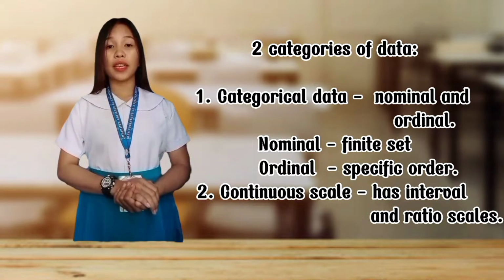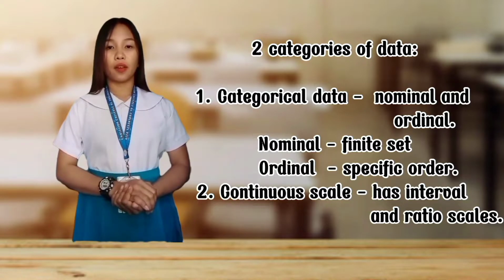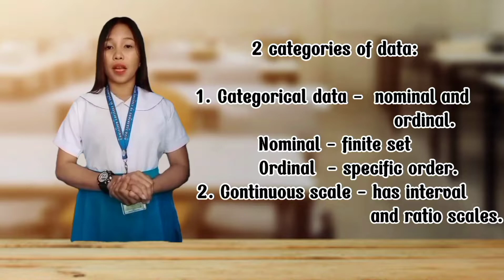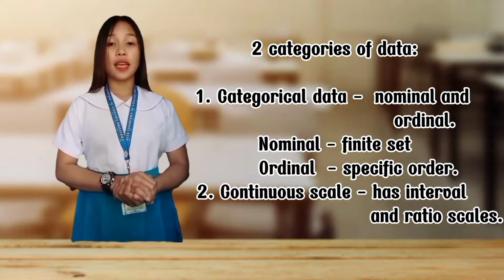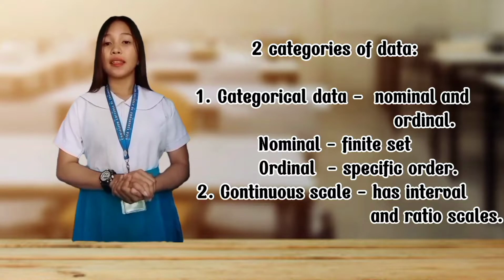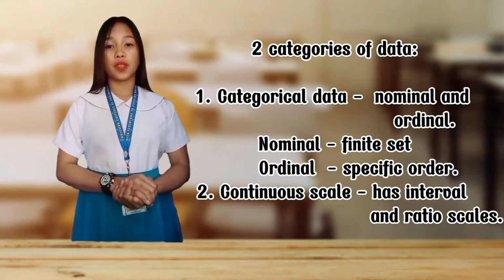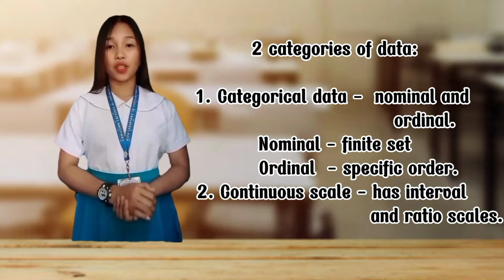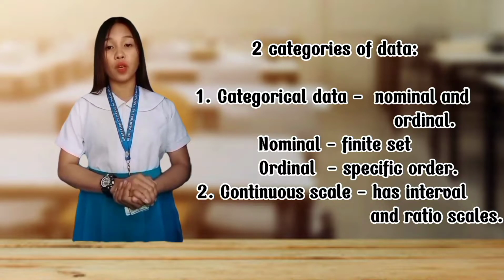First is the categorical data that can be nominal or ordinal. Nominal is the finite set of possible values, while ordinal is the set of possible values having specific order. Second category is the continuous scale that has interval and ratio scales. Interval scales measure the difference between any two numbers in the scales.